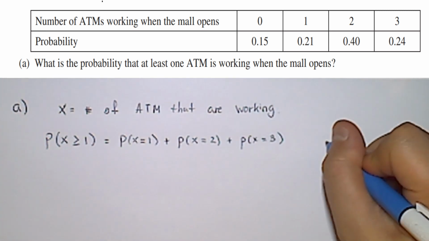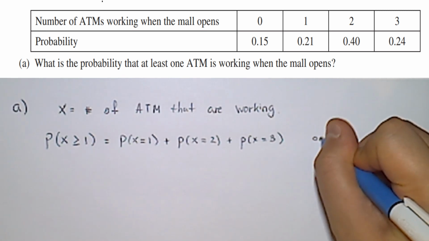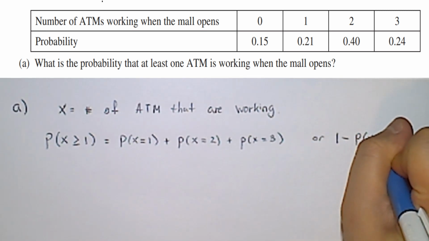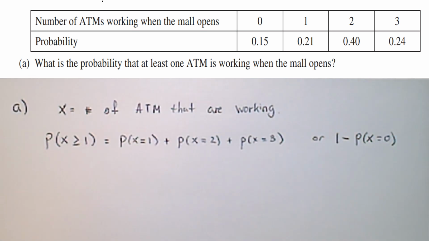Just keep in mind you could solve this problem as 1 minus probability of x equal to 0, since you have a finite number of ATMs.